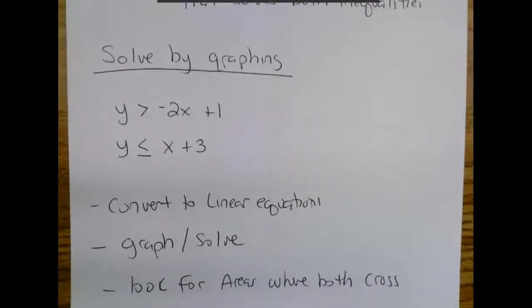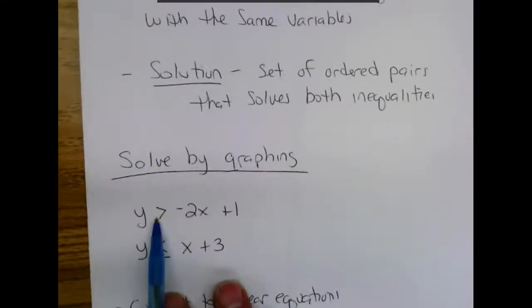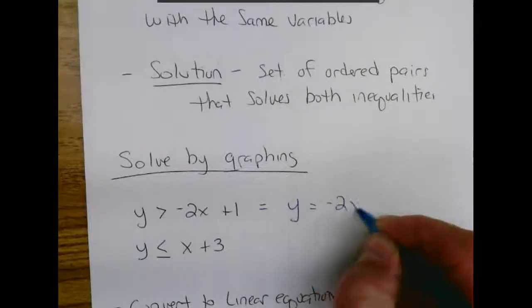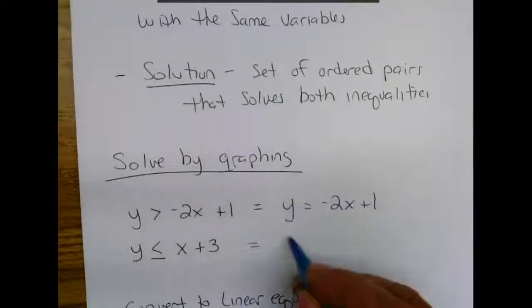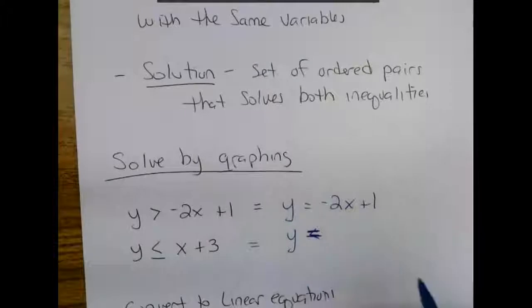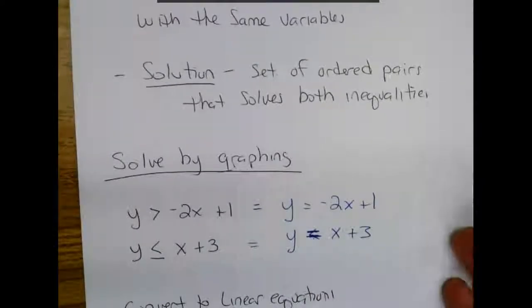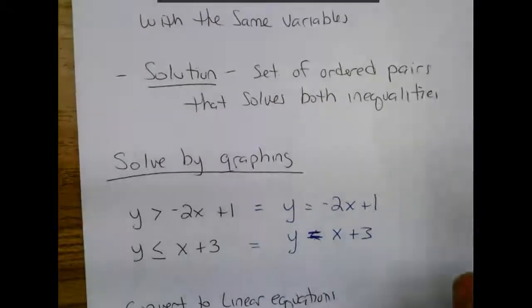So if we looked at these, this y is greater than 2x plus 1, we would make that y equals negative 2x plus 1. Then the next one, y is less than, we make it equal because we got the inequality, y equals x plus 3. Then we would graph these and see where they overlap, and that would be our answer. So let's try this.